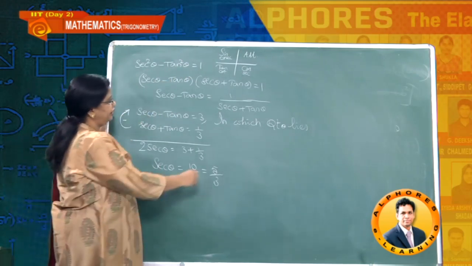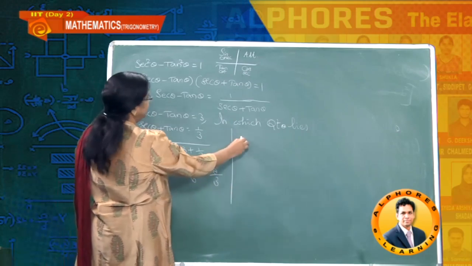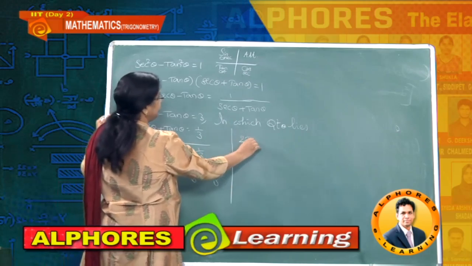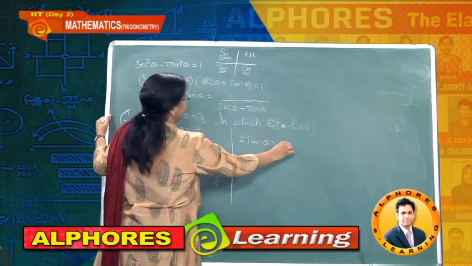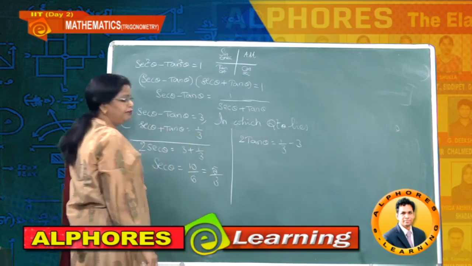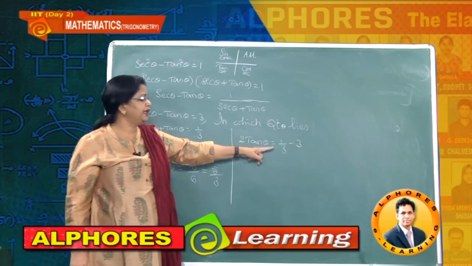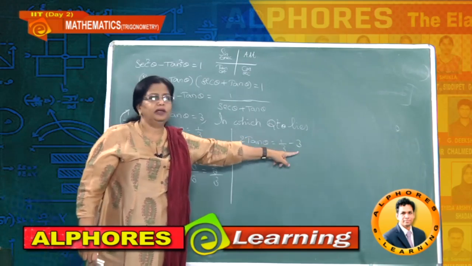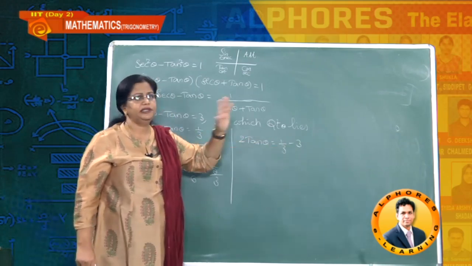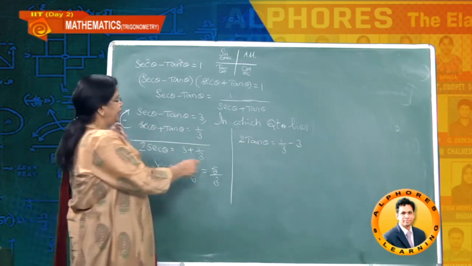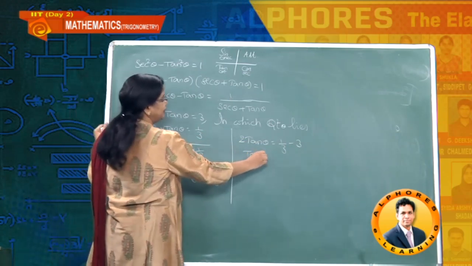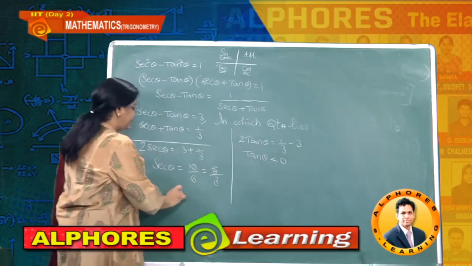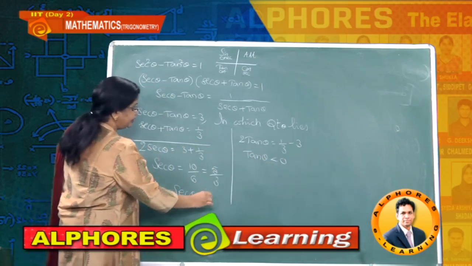If I do subtraction, the value you get here is 2 times tan theta equal to 1 by 3 minus 3. Observe carefully, smaller number minus larger number, definitely the difference is negative. Hence you got the tan theta value as negative, and secant theta value as positive.